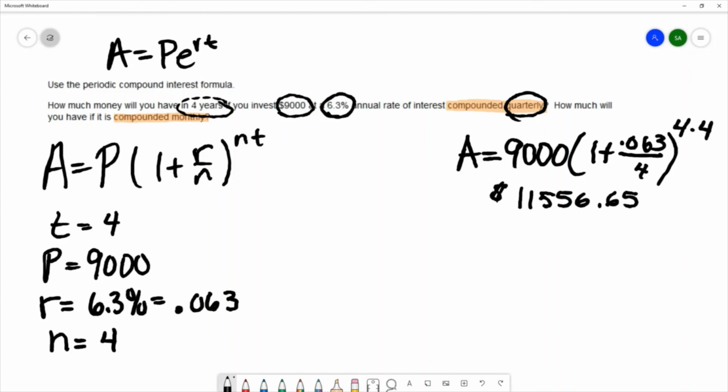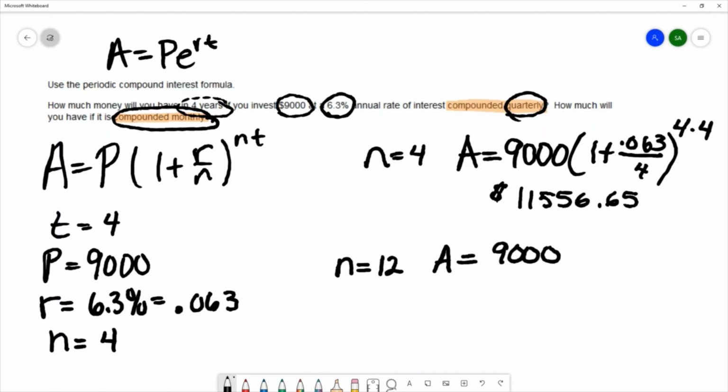And then in the second part of the problem, interest is compounded monthly instead. The first one was quarterly with n being 4, and now compounded monthly is 12 times a year, so n is 12. So we'll calculate again using n equals 12.